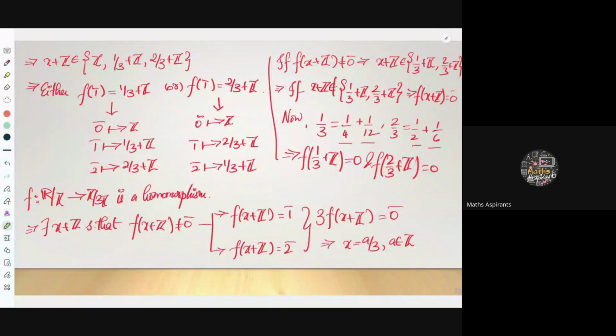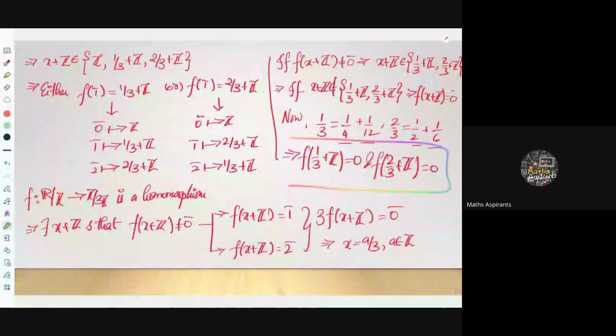If x is not of this form, then it always goes to 0. But these two elements which were possible to be non-zero can also be written as a sum of two elements which have their image to be 0.